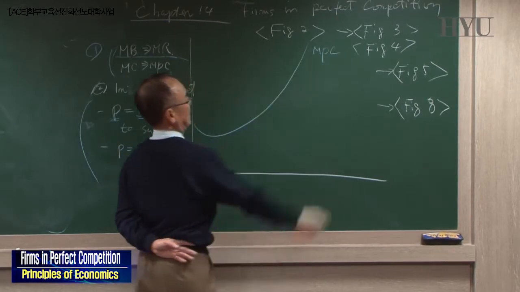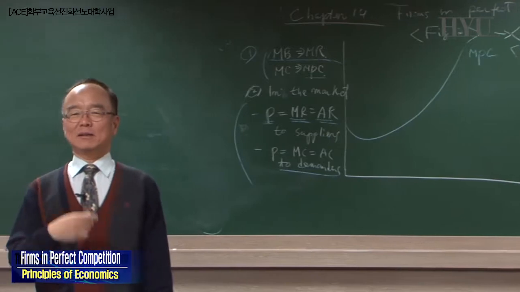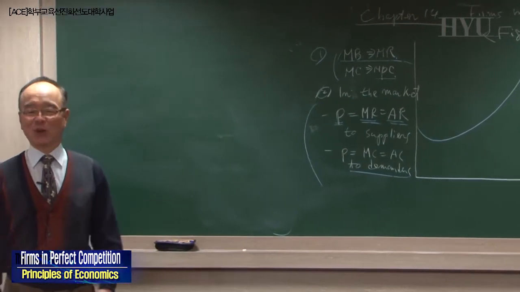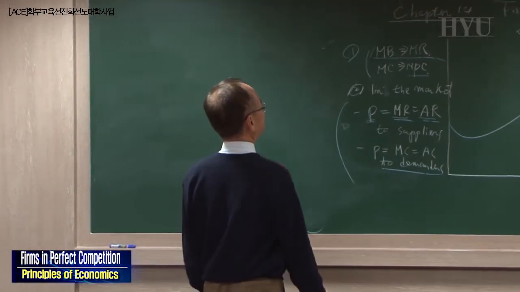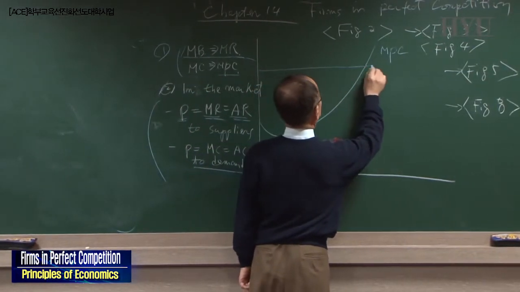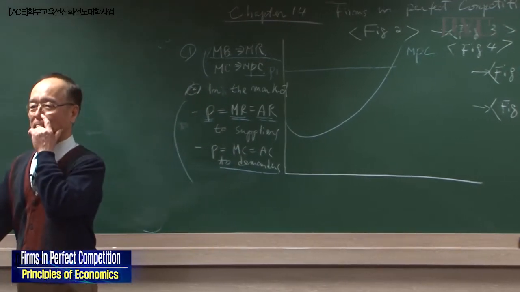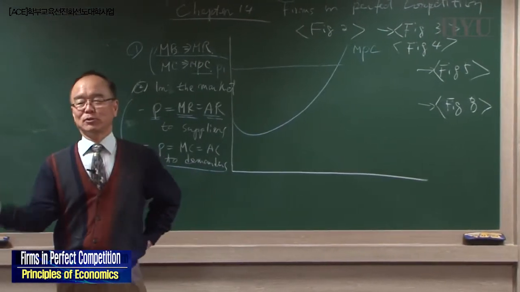Then now, 경화, do you have any control over the market price? Apparently you don't. You simply take the market price as given. So what if the market price is P1? How much would you supply? Or how much would you produce?